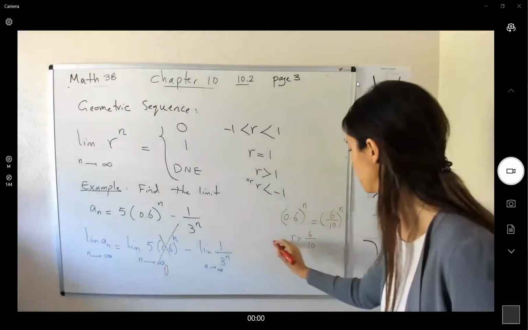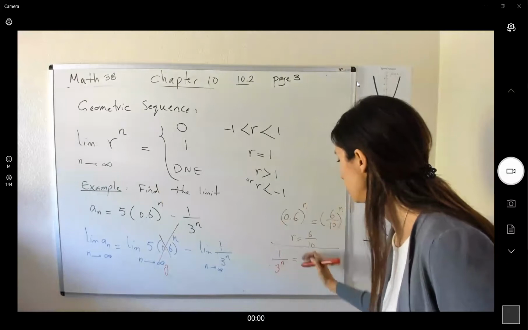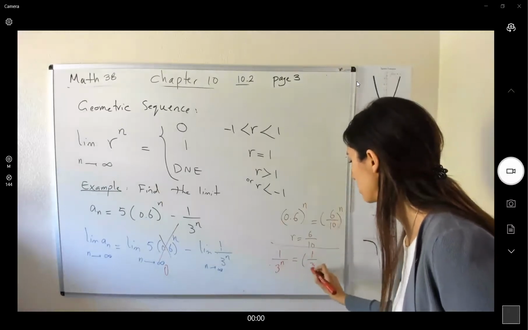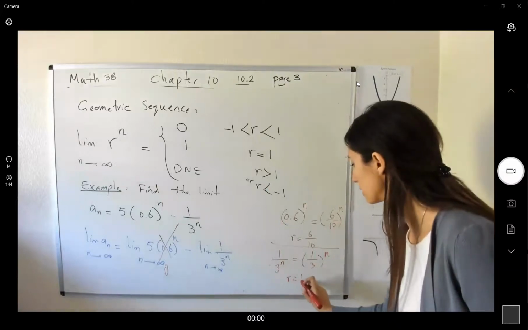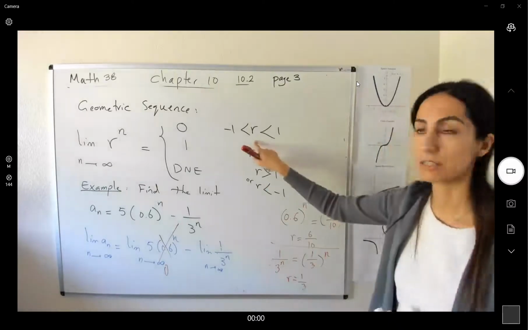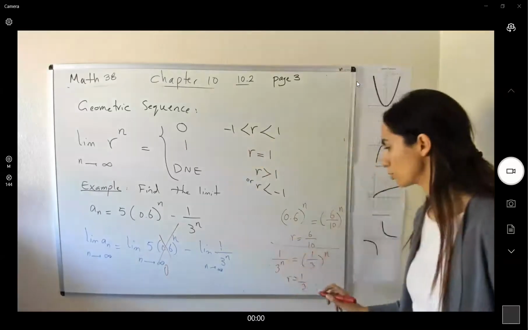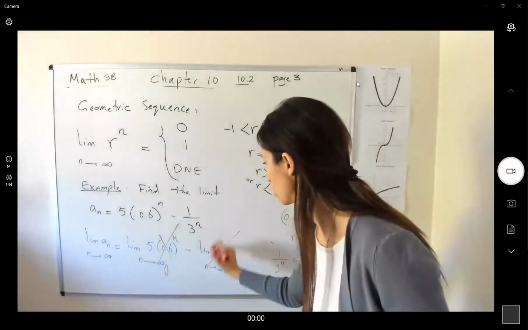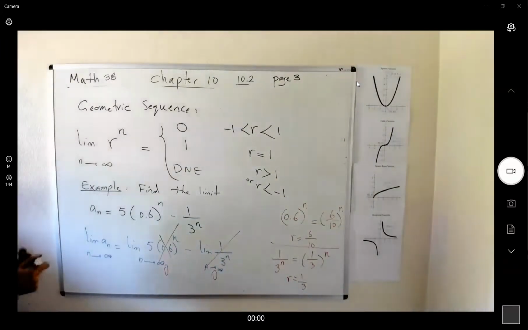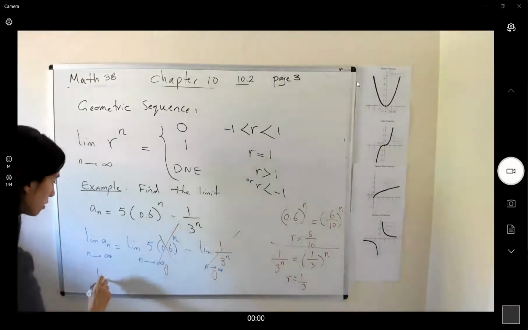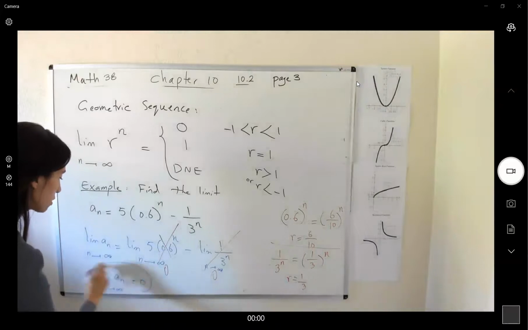What about this one? You have 1 over 3 to the n, which can be written as a third to the n. Your ratio, your R, is a third. A third is a number between -1 and 1, and the limit goes to 0. So both of these are 0. Their subtraction is 0. So the limit of a sub n while n goes to infinity is 0.